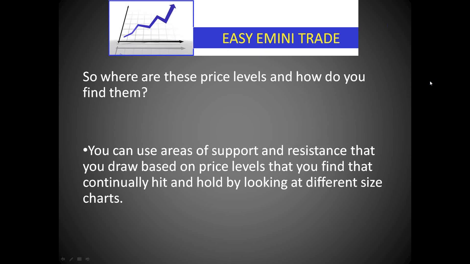I said you're going to trade those levels where price is going to hold, and the big question is, how do you find those levels? Again, like everything else with trading, there are so many different ways of coming up with levels of support and resistance. You can draw them based on price levels that continually hit and hold by looking at different size charts.